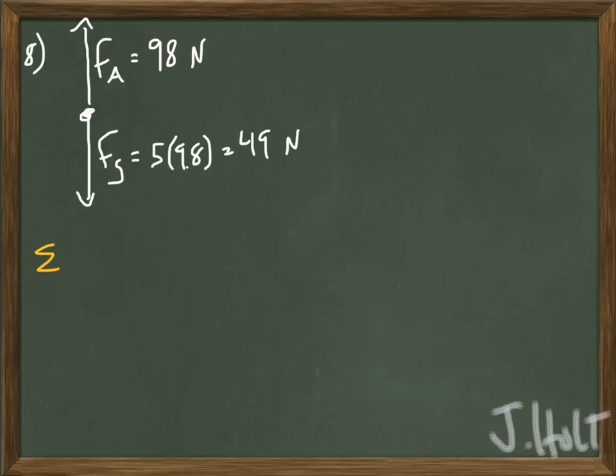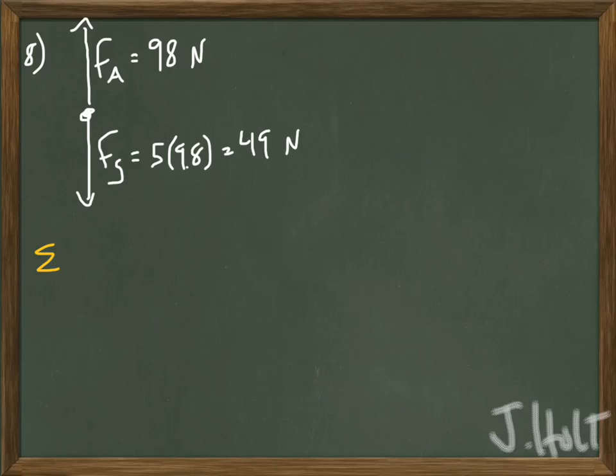So there must be some sort of applied force pulling upwards at 98, that's the force of the balloon. And it's really easy to forget about the force of gravity, but the force of gravity is still there, it's always there. It's pulling the thing back down. I can calculate the force of gravity by taking the mass, 5, times the acceleration of gravity, 9.8. So now I have both my forces. The one on top is bigger, but that makes sense because the thing is going to be going up. So of course the one on top is bigger.